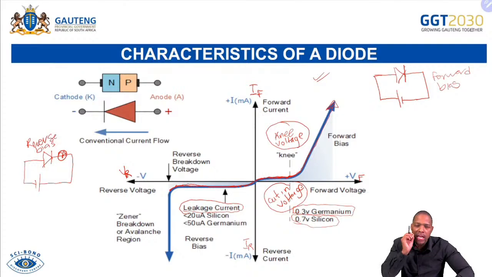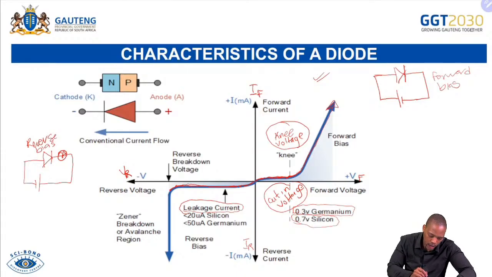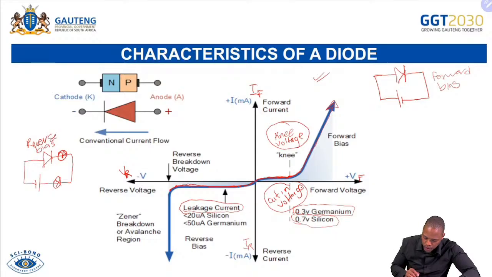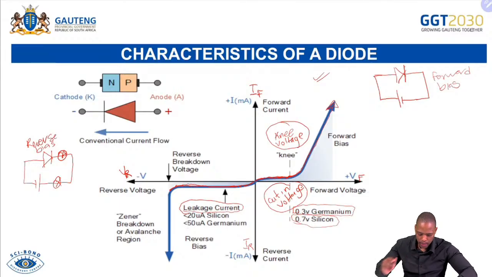So theoretically we just say there is no current at all, because it cannot even help to light a light bulb or any small component. It's very, very small and minimal. It is of no use at all. As you can see, for silicon it is 20 microamps, very small. Here, 50 microamps for germanium.